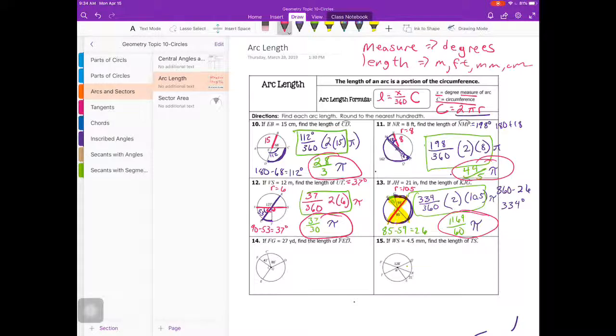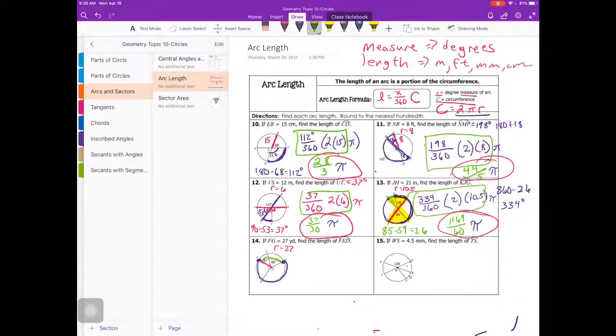For 14, FG, so this is just our radius, is 27. And we need to know the measure of F to E to D. Now, notice we don't have a diameter here. So all I'm going to do, they gave us the measure of this arc and this arc.